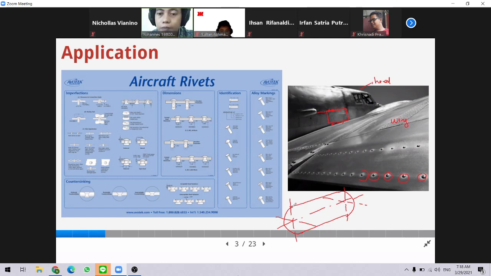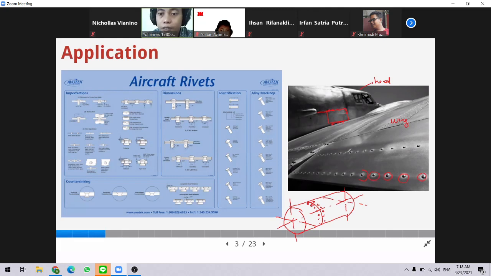The body is made from steel plate, and the steel plates are joined together by rivet joints, like this. It is also stitched up to form the cylindrical body of the tank.